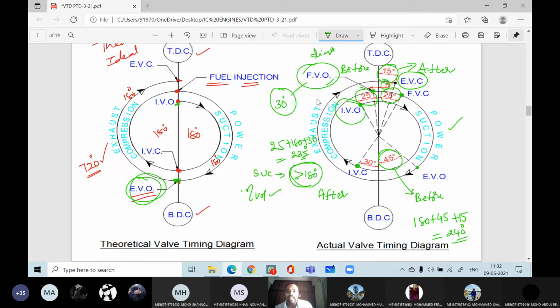Any doubt? I am saying the inlet valve is opened before the exhaust valve closes, because you can see we are closing the exhaust valve over here. Let me erase all the things.